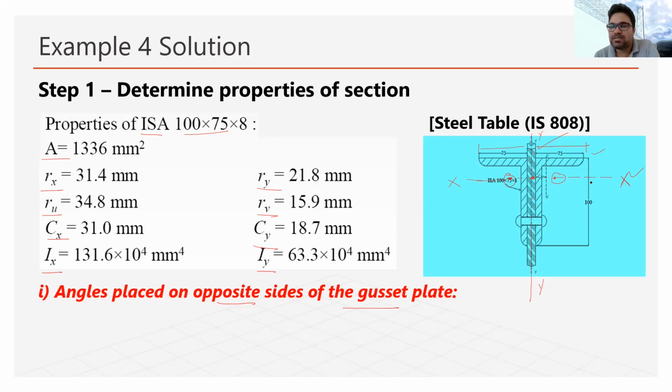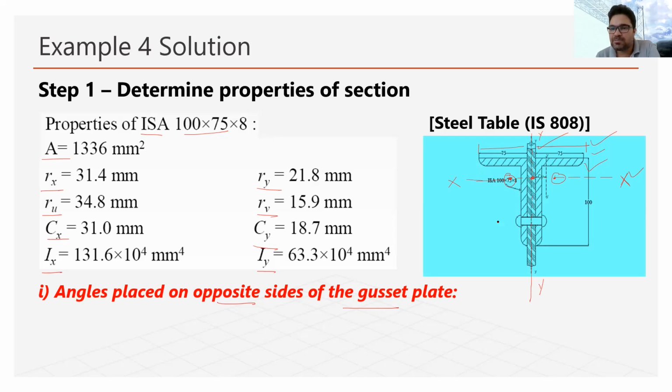Well, what does it mean? It means that the radius of gyration along the x-axis of the whole system and for the individual angle section will be the same. That is the point that I'm trying to make: if the CG of the single angle section and the CG of the whole combination lie along a single axis, then the radius of gyration about that axis for the single section and for the whole assembly will be the same.